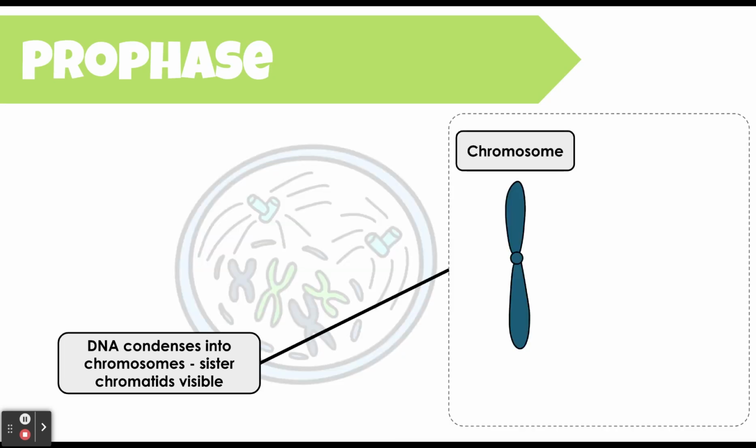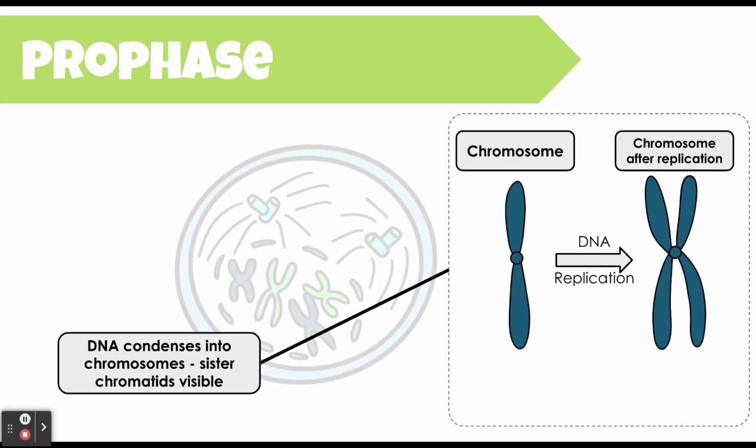So, a chromosome is again one package of DNA. Depending on how much DNA an organism has, there might be more than one chromosome. And what happens is that chromosome, that set of DNA, is going to replicate during the cell cycle. So, after DNA replication, there are two copies of that chromosome.